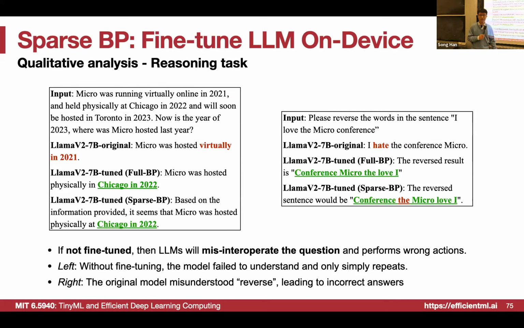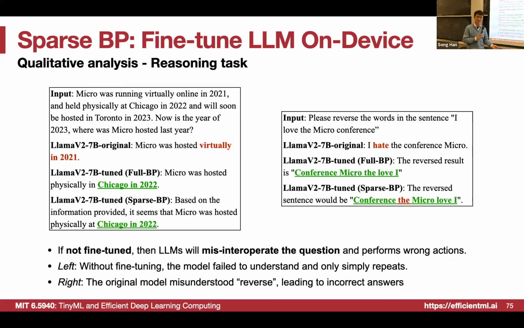We can also try some reasoning tasks. For example, the MICRO conference was running virtually online in 2021, physically in Chicago in 2022, and will be in Toronto in 2023, actually 2 weeks ago. Now is the year 2023. Where was Chicago MICRO hosted last year?